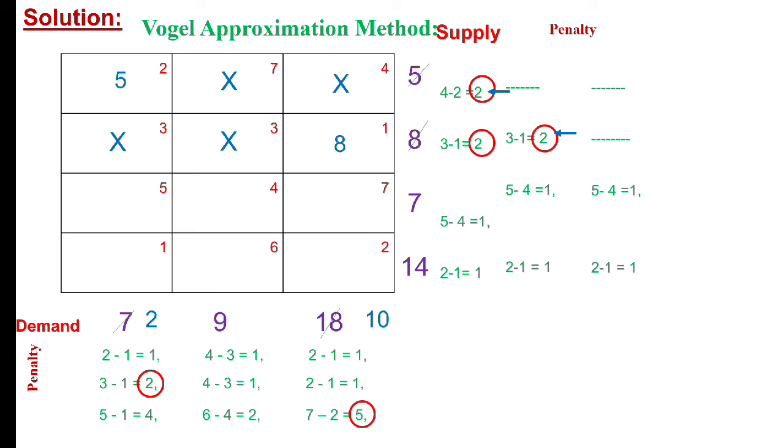Then the column is filled and will be cancelled. Another 2 cells only are there. In that the minimum is 4. So 7, how much is left out? 2 is left out. We can allocate it, then 2 will be tallied. In this way, we can solve the basic feasible solution by Vogel's approximation.